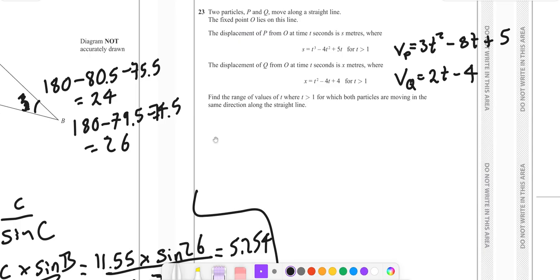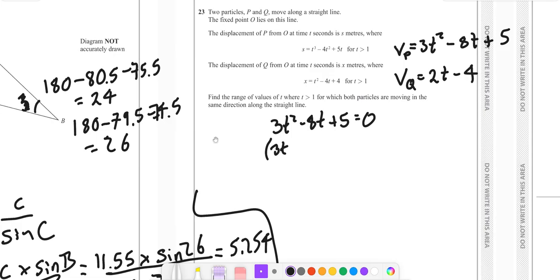They've got to be moving in the same direction. So we kind of want to find out when they're both positive and when they're both negative. So let's solve 3t squared minus 8t plus 5 equals 0.